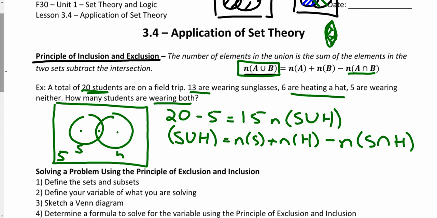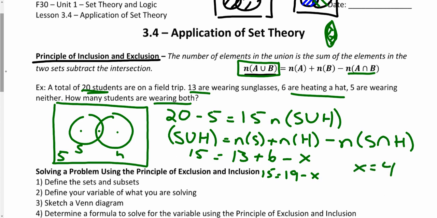So if I know I have 15 in total, equal to 13 plus 6, we know 13 plus 6 is 19, so we know we're over by an amount. And this is going to be minus X, that's the amount wearing both of them. So we have 19 minus X equals 15. If I figure that out, I know X equals 4. So there are 4 kids wearing both.